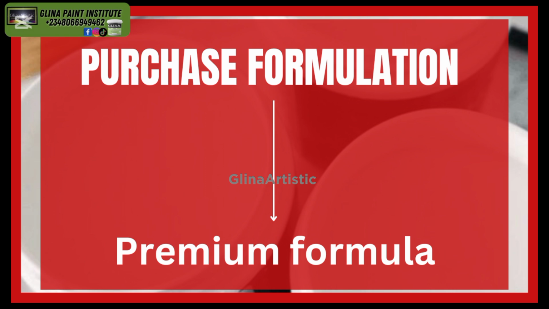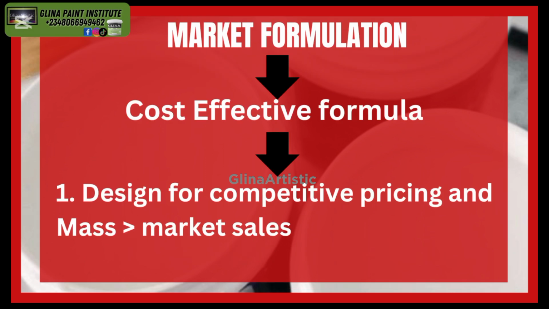So one, designed for competing price, which is the market formula, and massive market sales. Yes, this market formula is designed for competing pricing and massive market sales because you're going to be selling it quickly. You're going to give it out for people to purchase.